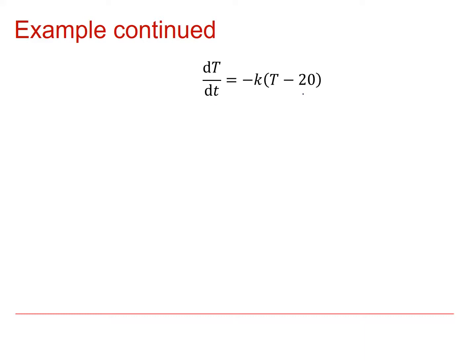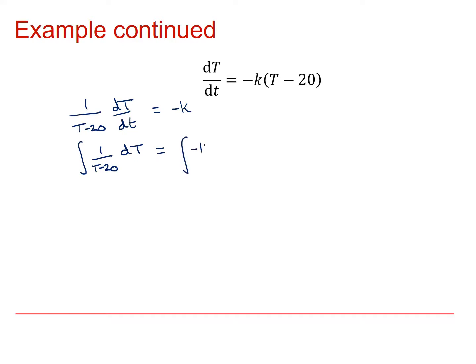So let's start from the differential equation. Separate the variables. I'm going to get 1 over T minus 20 dT by dt is equal to minus k. Integrate both sides, and because I know that this is always going to simplify down to the same type of thing, I'm just going to write it straight.